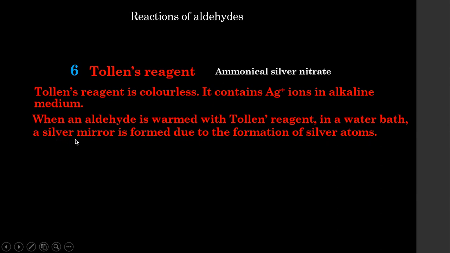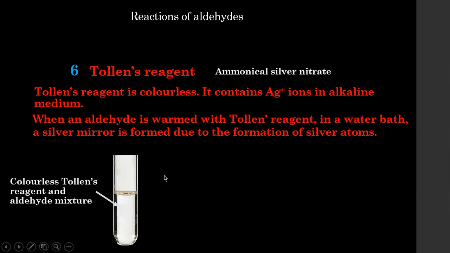You can see a silver mirror formation due to the formation of silver atoms. A very, very small amount of silver atoms will be formed, and these silver atoms will deposit on the test tube, giving a silver mirror. You can see colorless Tollens reagent and aldehyde mixture. You get this solution. You can see it's fully colorless.